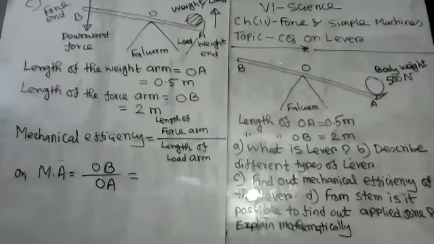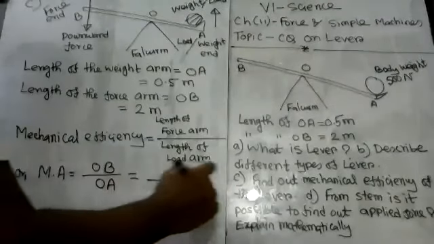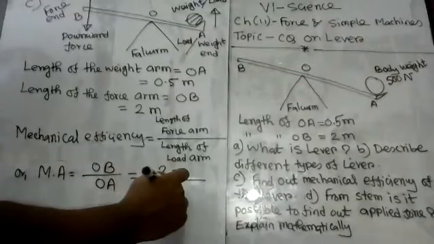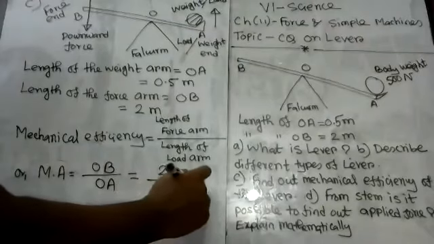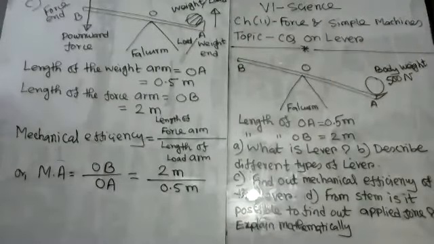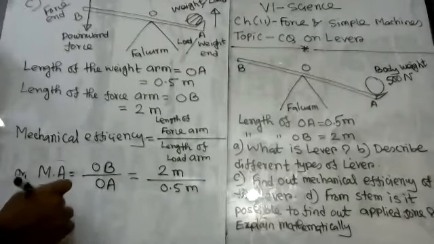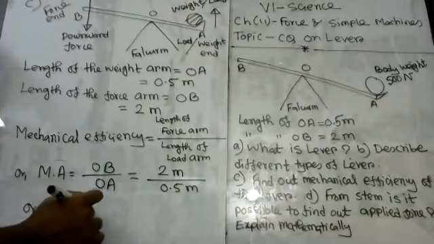Now put these values in this equation. OB equals 2 meter divided by OA equals 0.5 meter. So what will be the value of mechanical efficiency MA?